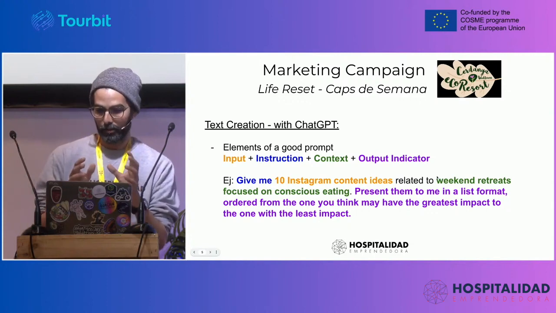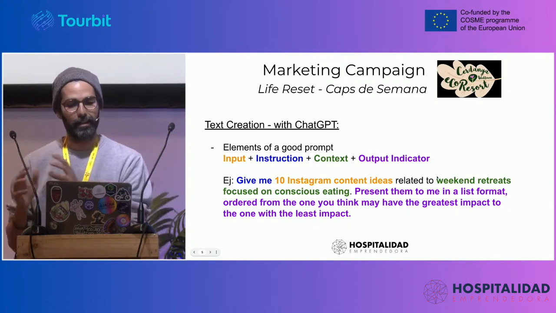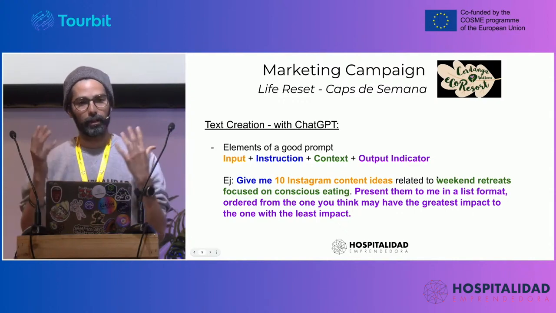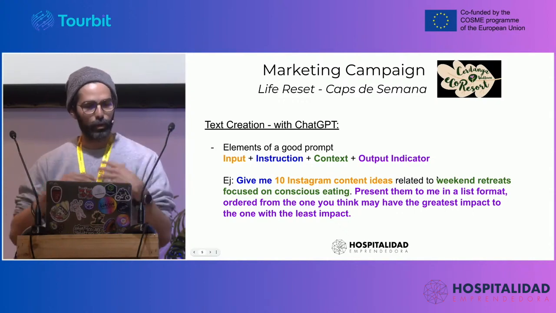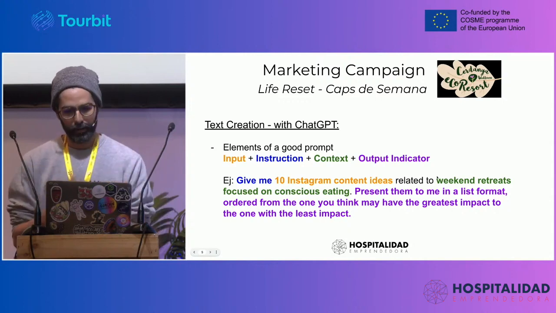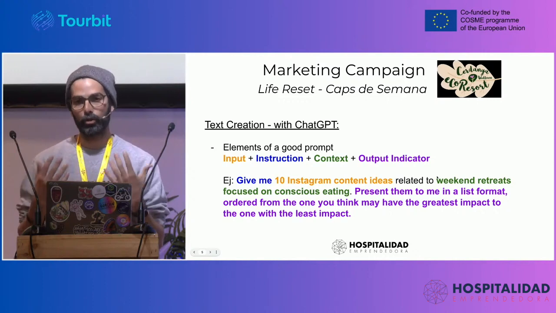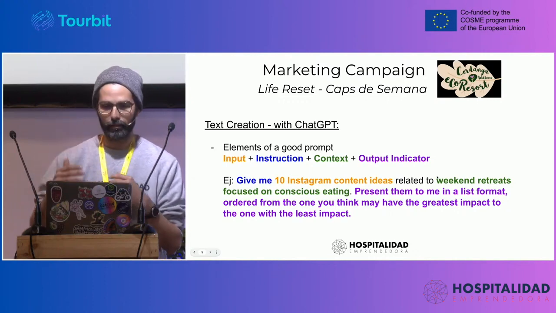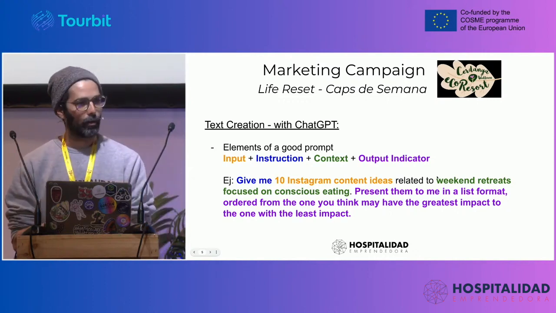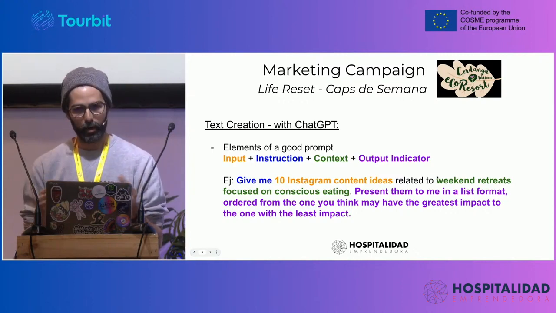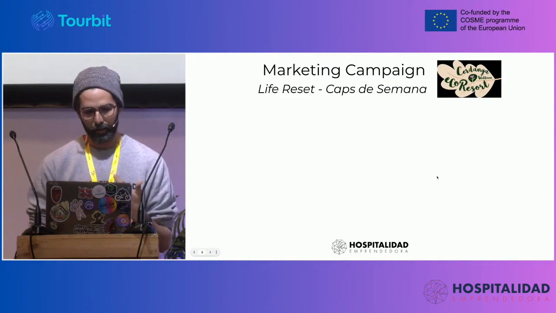The "give me" is the instruction. The input is the 10 Instagram content ideas. Context, we need to give it context. What is it about? What are we doing? What is it for? And an output indicator. That means, how do I want the result to be? Give it to me as a list. Give it to me, I don't know, in a diagram. So the more precise we are, the better results we're going to get.